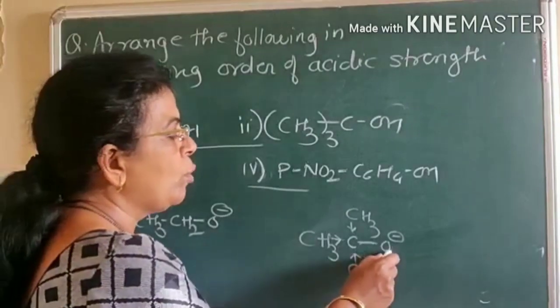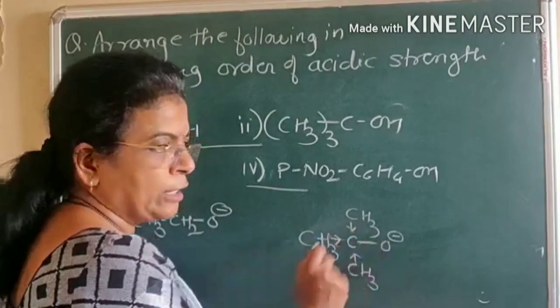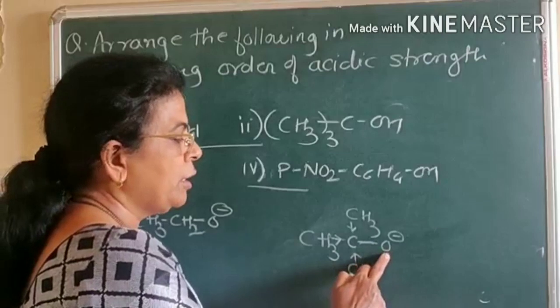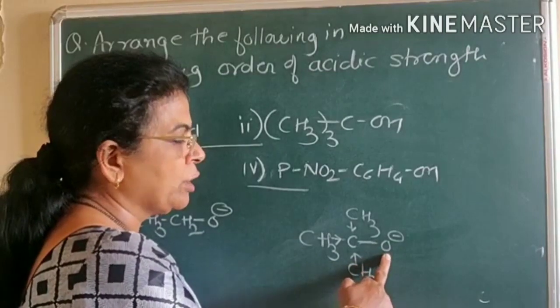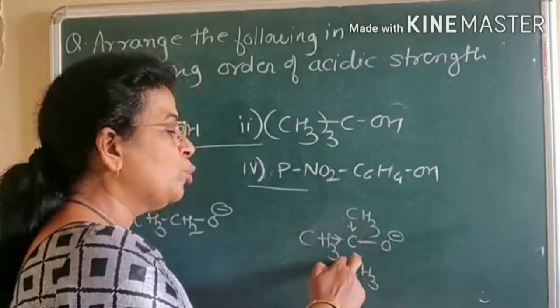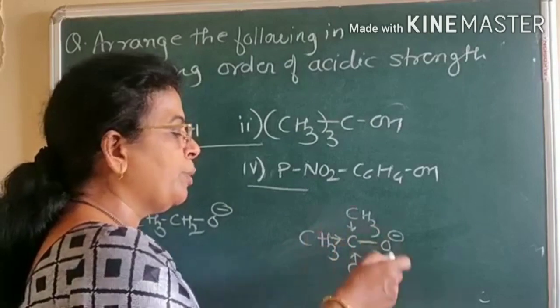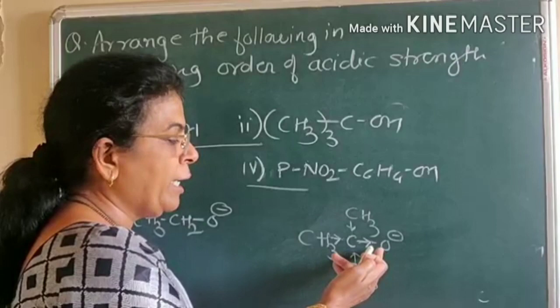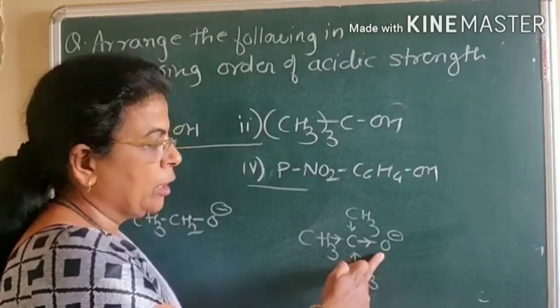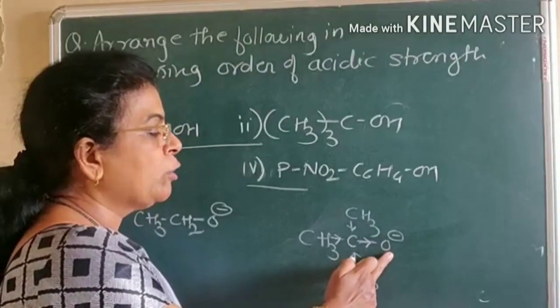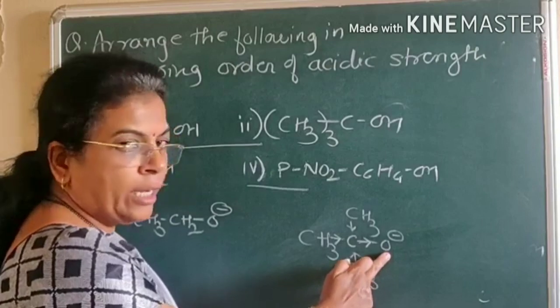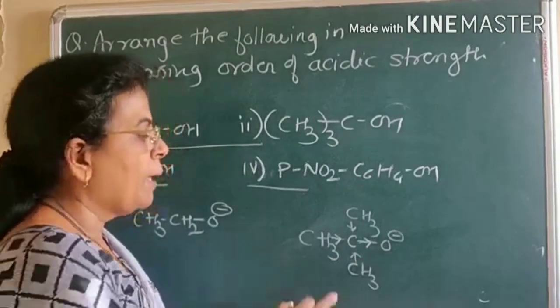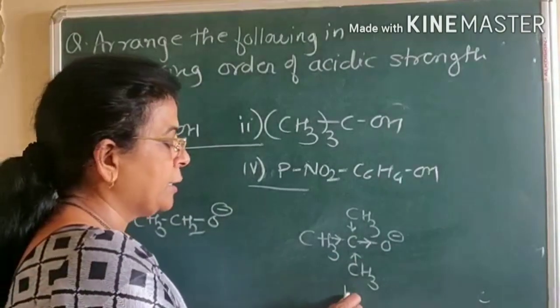Therefore this O minus ion is least stable, because the electron density of this oxygen ion is more, and this tertiary butyl group is also electron donating. It donates electrons by inductive effect to this oxygen ion, and therefore the electron density of this oxygen ion again increases and it becomes less stable.